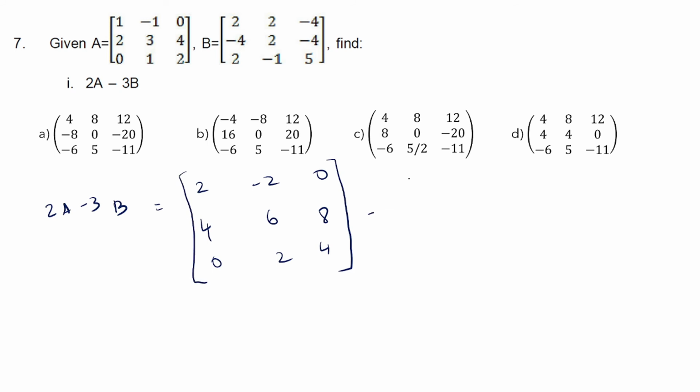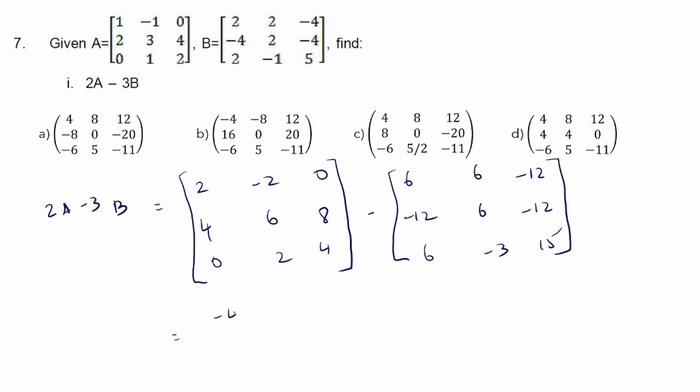So it is minus 3 2s are 6, then 6, then minus 12, then minus 12, 6, minus 12, then 6, minus 3, 15. Now we need to subtract these two matrices.